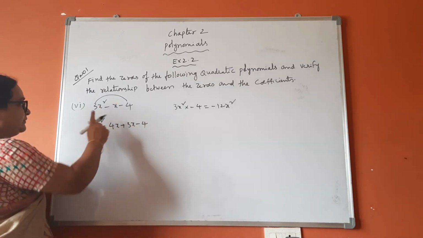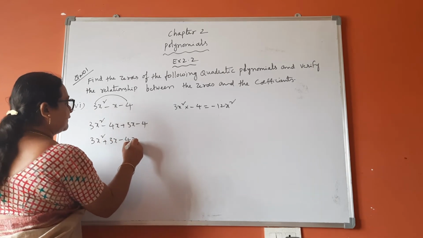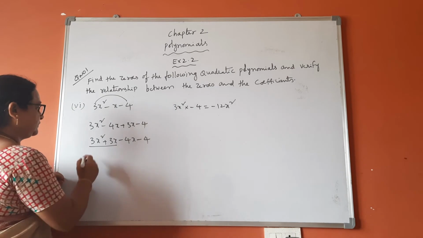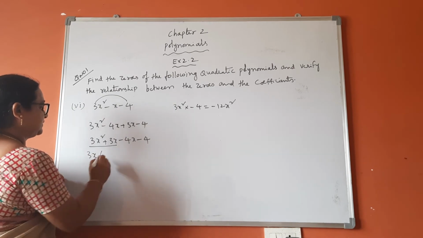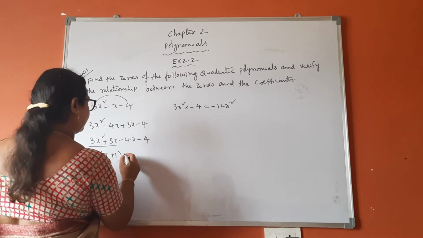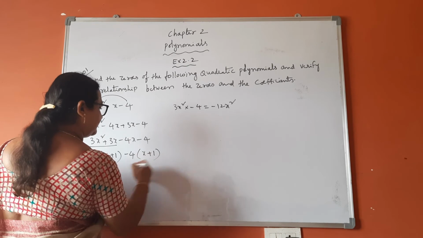Same thing, for your convenience, I am writing like this. Now take a common factor, 3x, x plus 1. If you take a common factor minus 4 here, this is x plus 1.